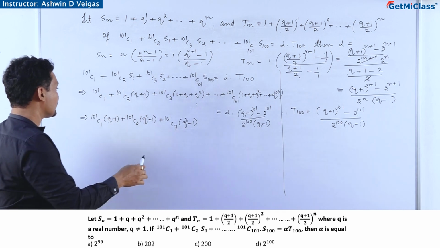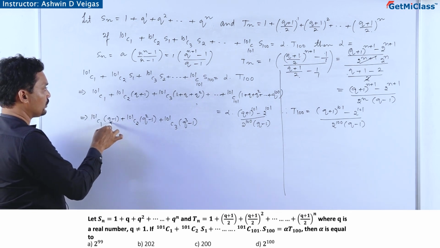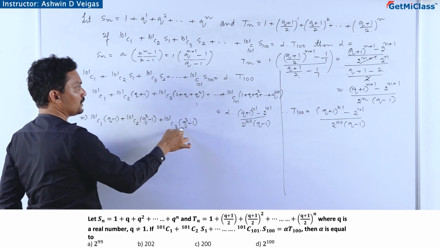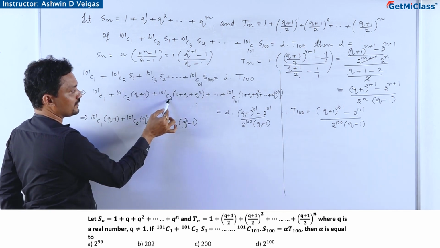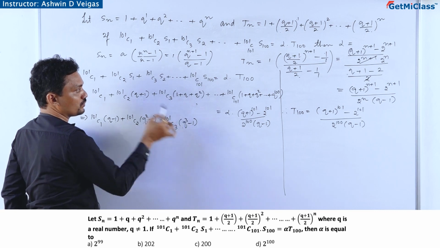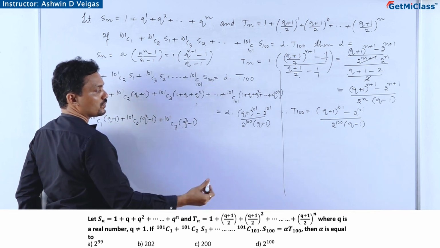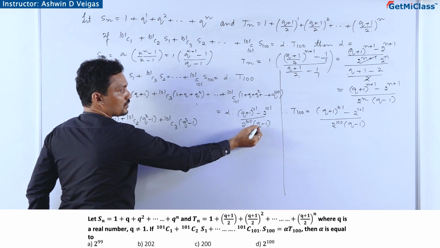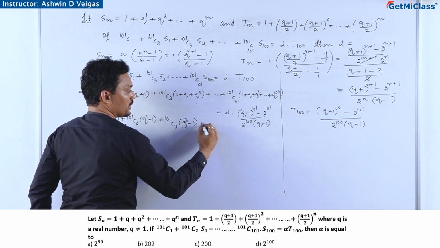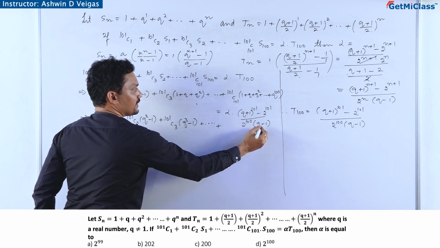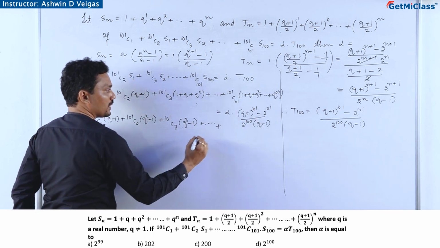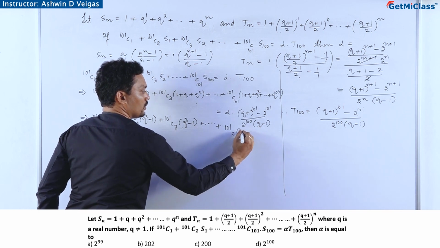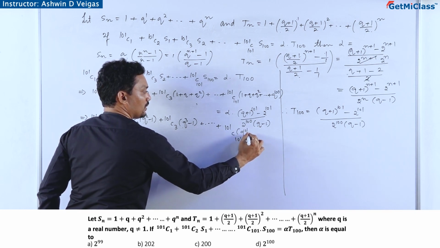So you can see the first term has q, the second term has q square, the third term has q cube. When this is 3, it is q cube. Similarly, if you take the idea from that, the last term, when this gets multiplied to this, will become 101C101 into q power 101 minus 1.